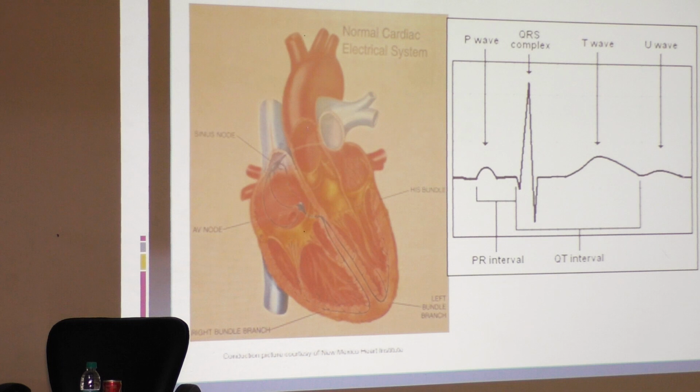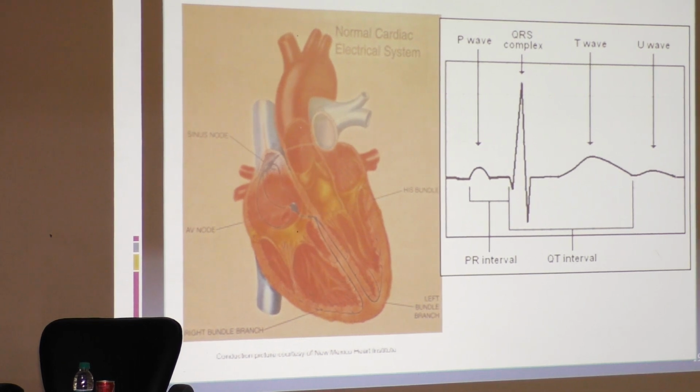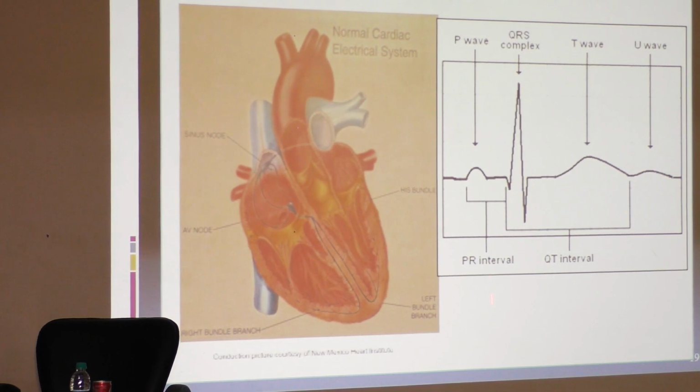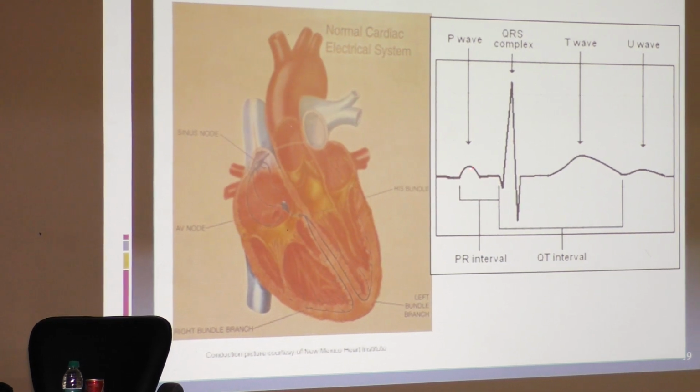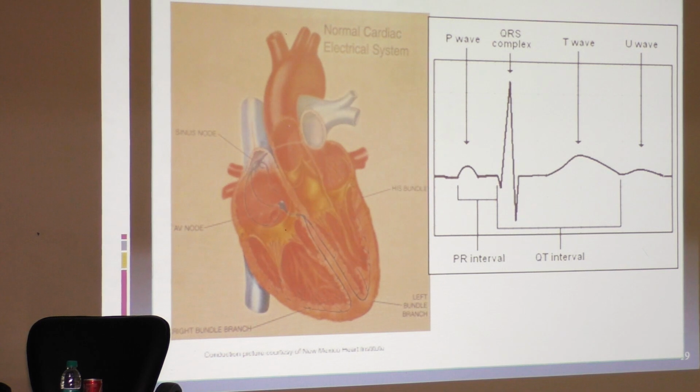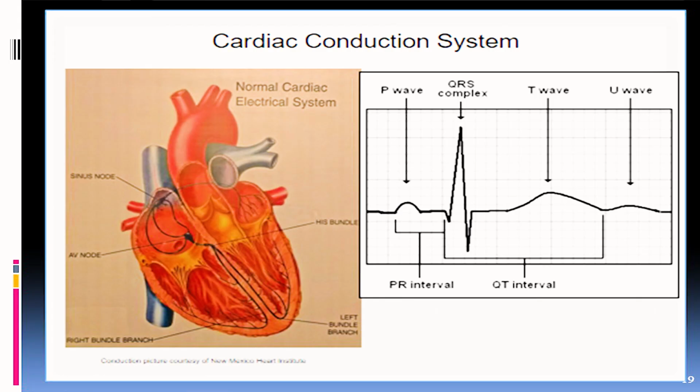Okay, so now we come to the actual ECG. The first wave is the P wave. This P wave is because of atrial depolarization. So this is the positive wave, and the P wave is usually followed by the QRS.